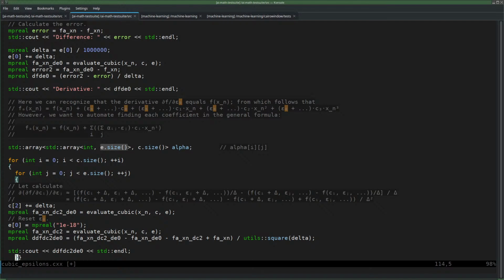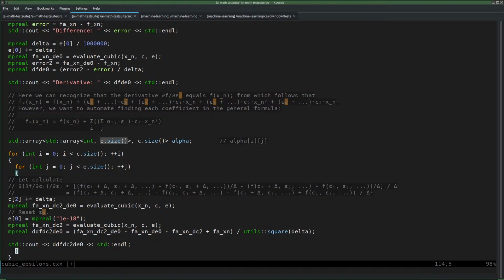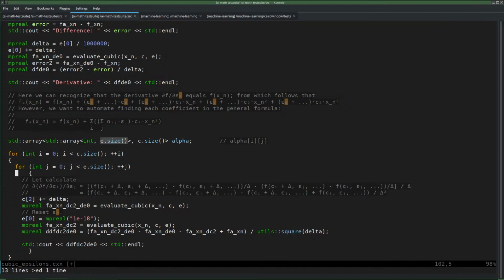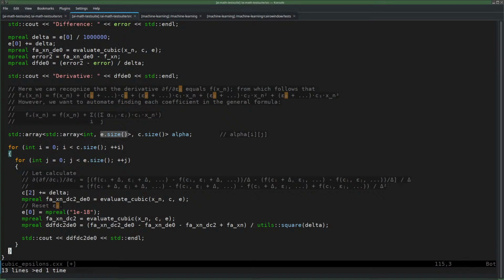For now, I'm just going to print. And here too, it is CI.